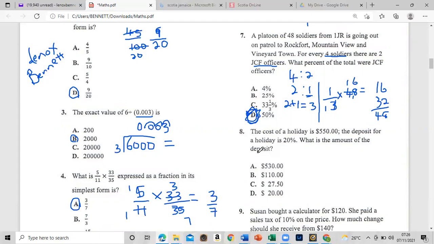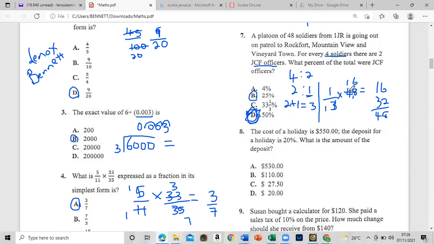A platoon of 48 soldiers is going out on patrol to Rockford, Mountain View. 16 is how much percent? 25? I must have 48 people going on, Mr. Bennett. So 16 out of 48. That's 33%.